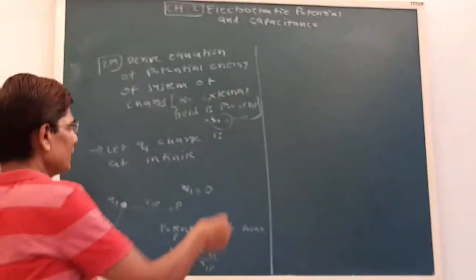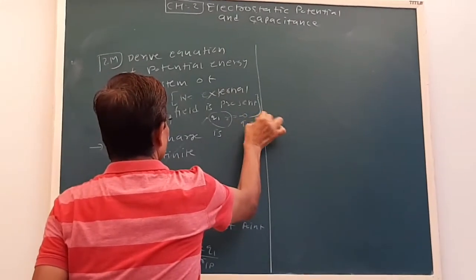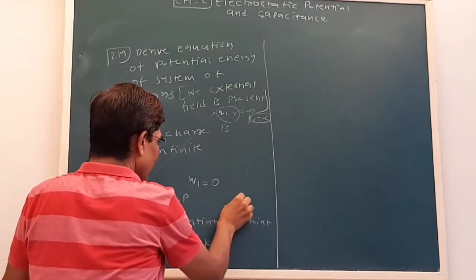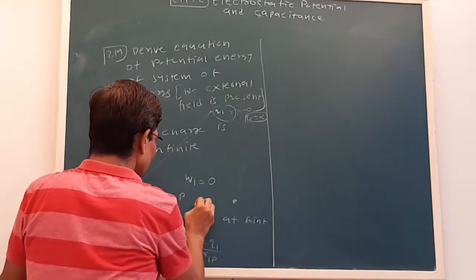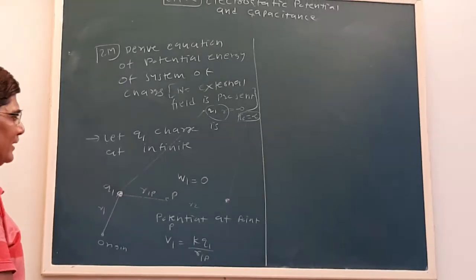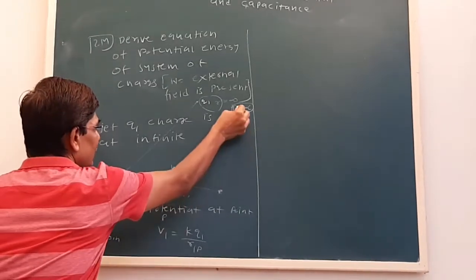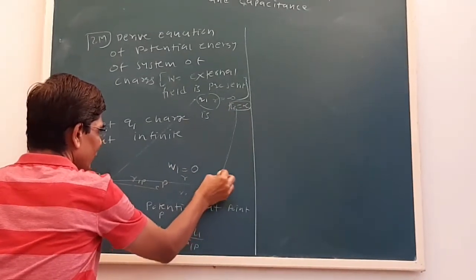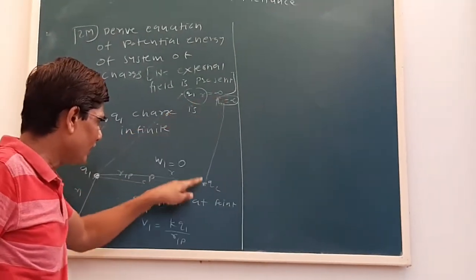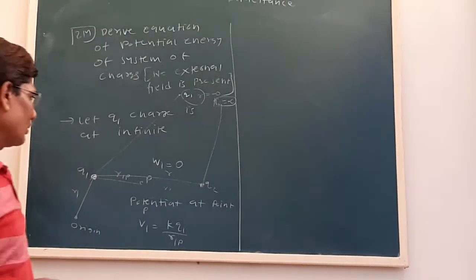Now let us say we bring the Q2 charge, which is at infinity, to a given point in the space which has a position vector R2. Now see the distance between Q1 and Q2 in the space. Q2 charge is brought from infinity to a point which has position vector R2.